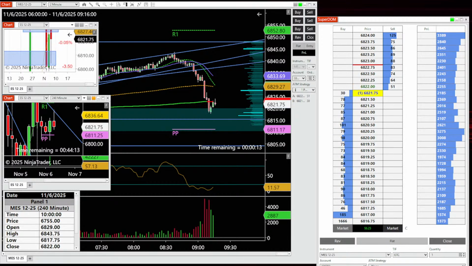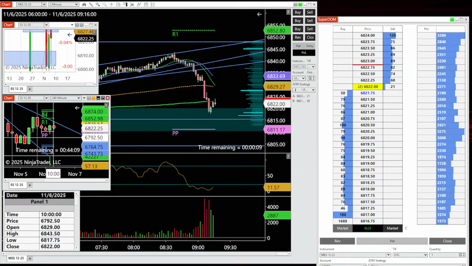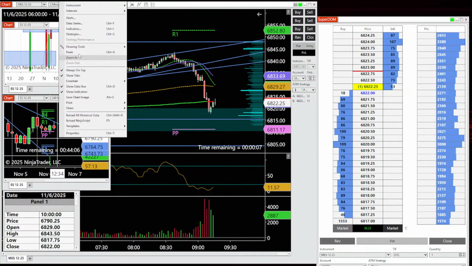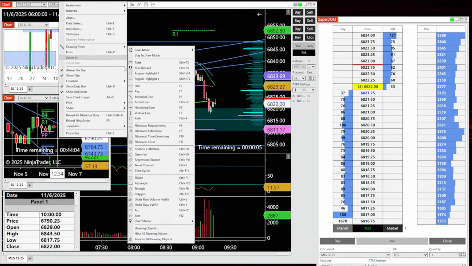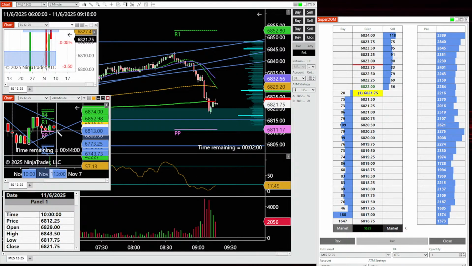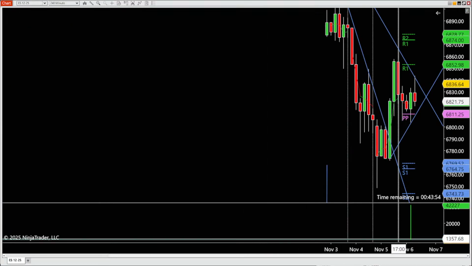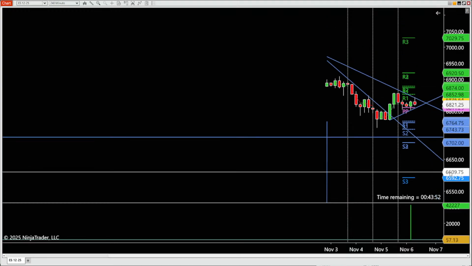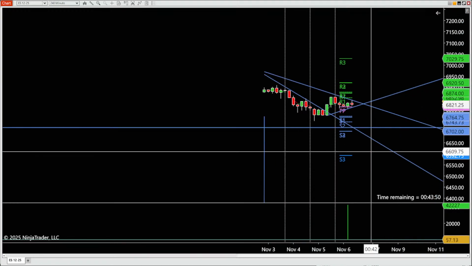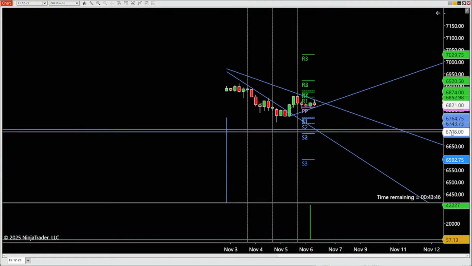The 4-hour chart looks a little ugly if you want to go trend, because we're right in here. So you look at this as if it was a 1 minute or 5 minute chart.